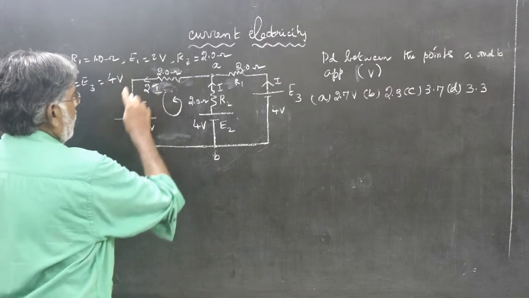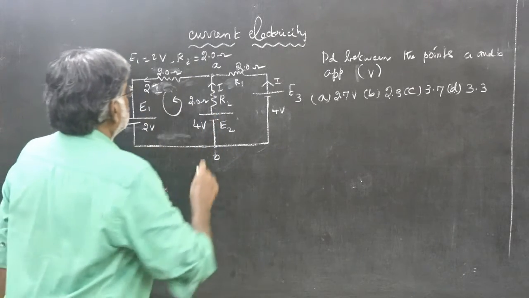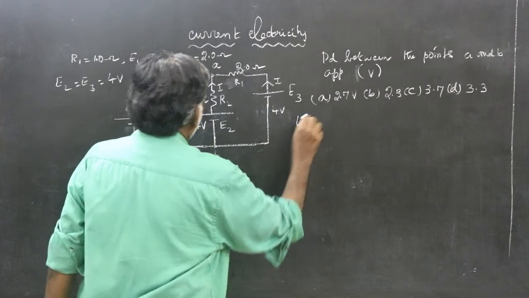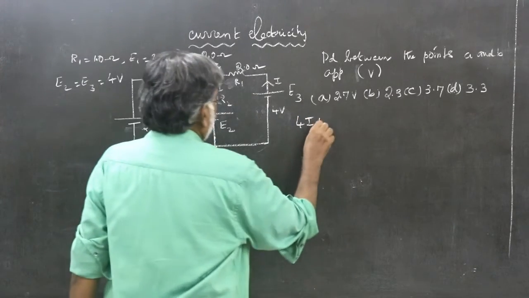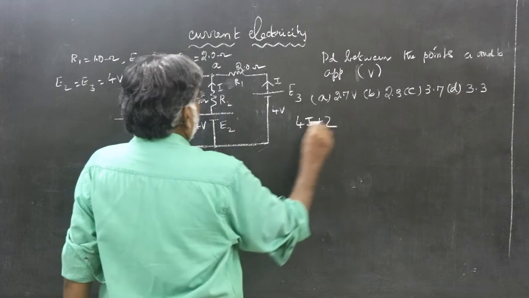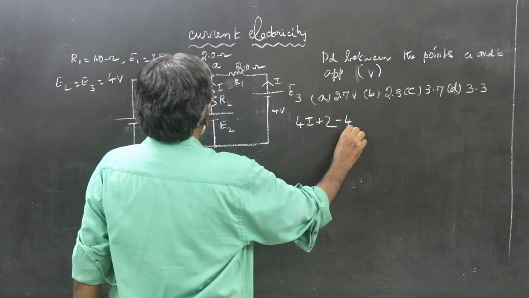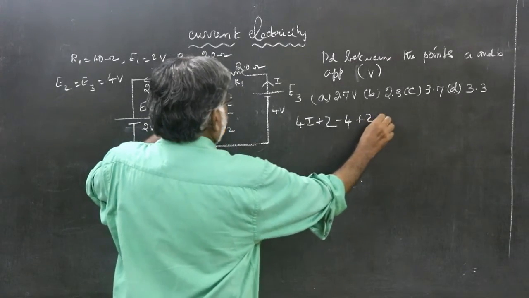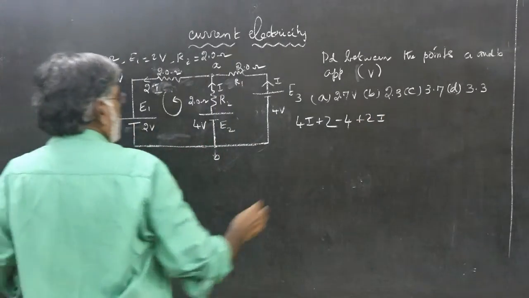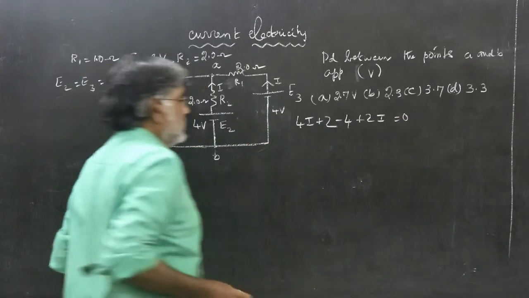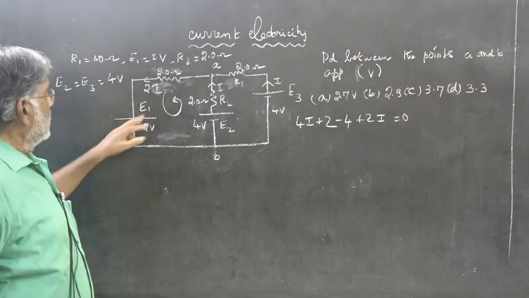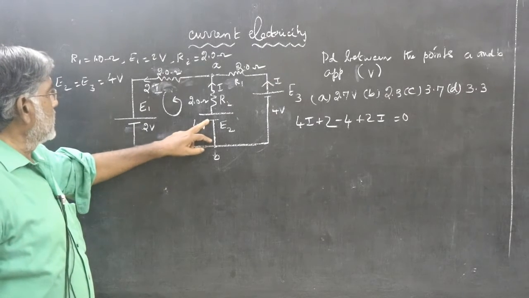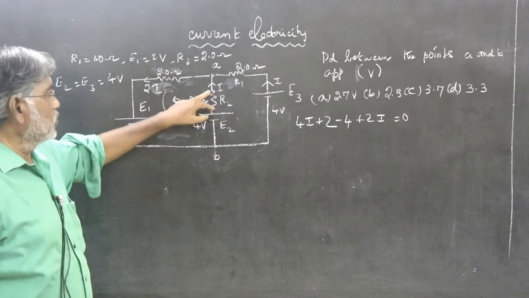Okay, start from A, go anti-clockwise and come back to A. So start from A, go to this. So 2 into 2I, 4I, plus 2, minus 4, plus 2I, equal to 0. 2 into 2, 4I, plus 2, minus 4, plus 2I is 0.